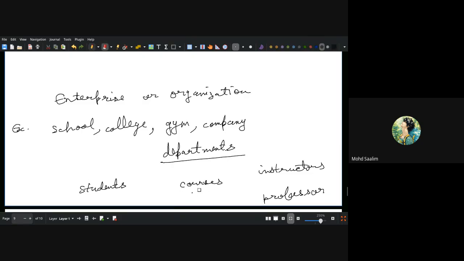The course that you are studying, for example, DBMS, can come under this set courses. And we are in the data science department, so it comes under the departments. And we have some instructors assigned to us for different courses and some professors that are recording the lectures and providing them to us, right? So there are different entities. I'm just taking a few of them.